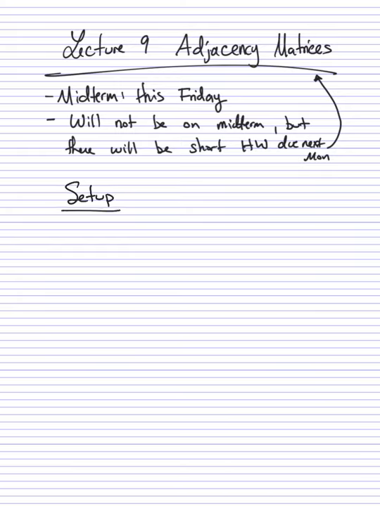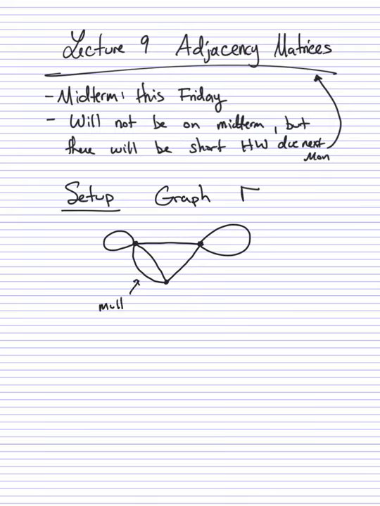for defining this adjacency matrix. So we had a graph, gamma. This was just vertices and edges between them. I think we had different settings in different lecture videos. You can do this completely generally, where multiple edges between vertices are allowed, and also loops are allowed.